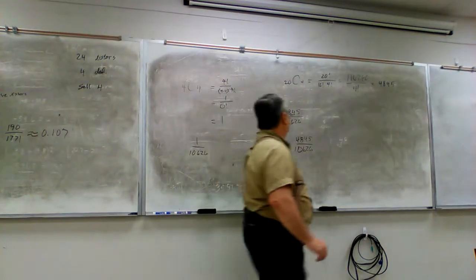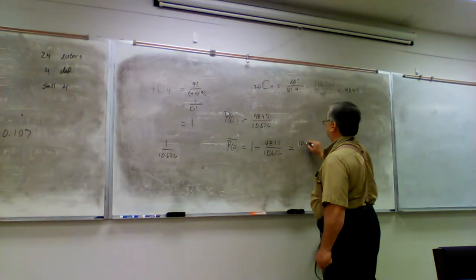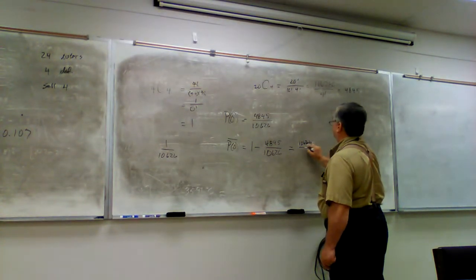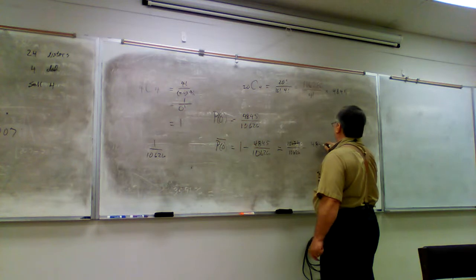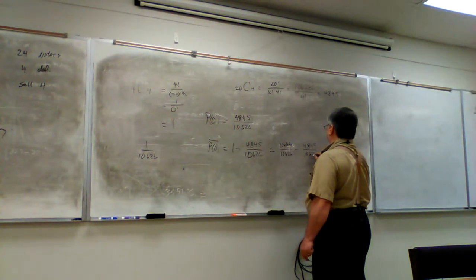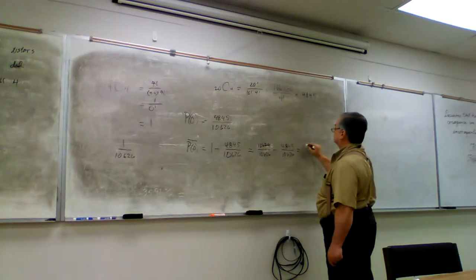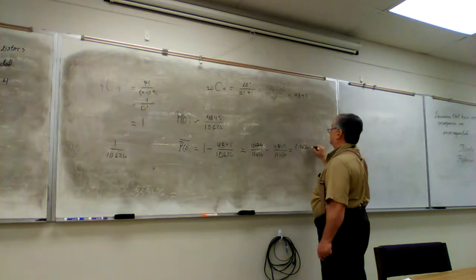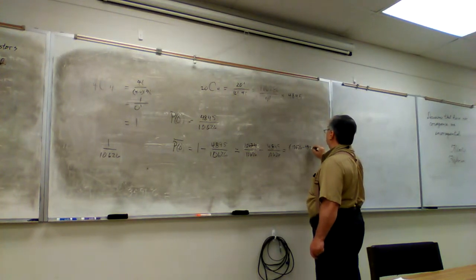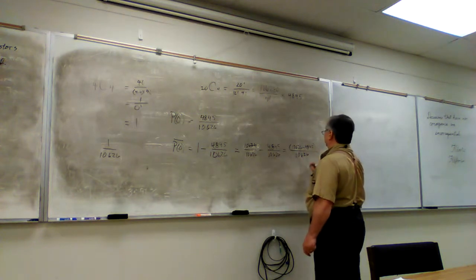And look, let me show you here just a little bit. We can do some simple algebra here. That becomes 10,626 over 10,626 minus 4845 over 10,626, which is 10,626 minus 4845 divided by 10,626.